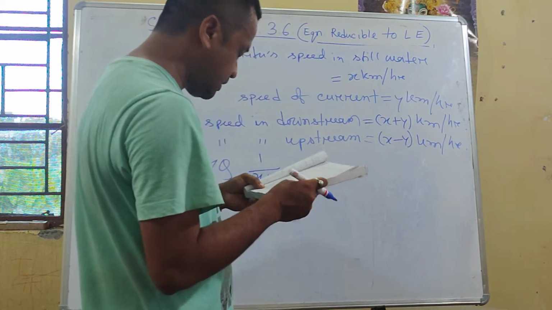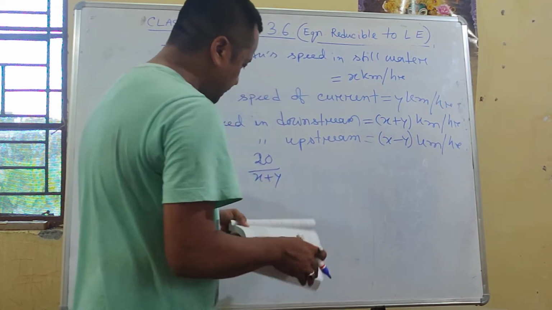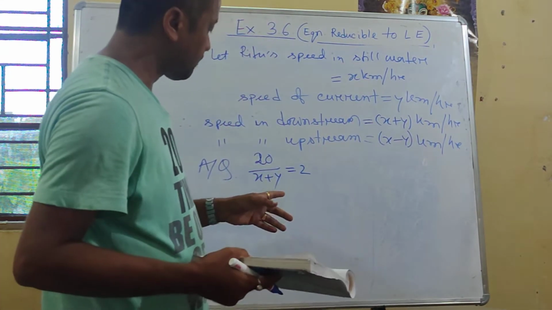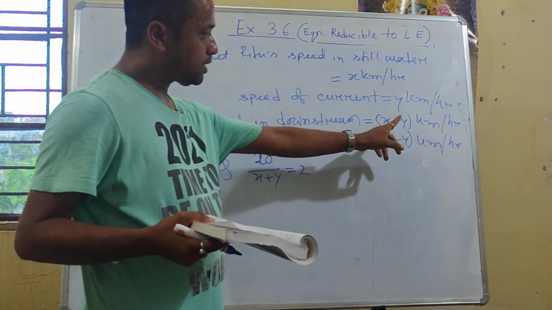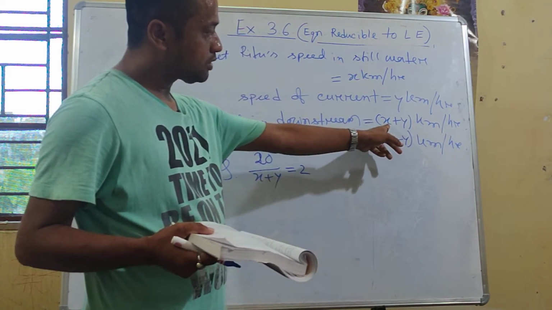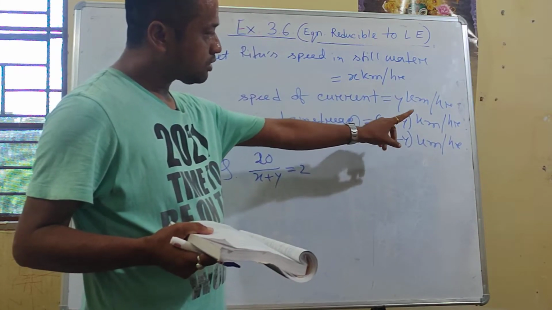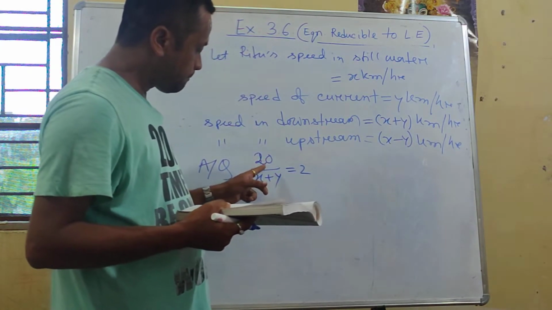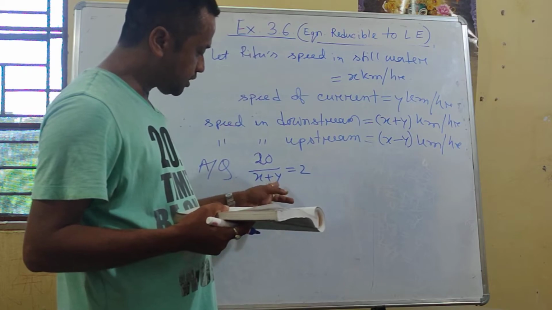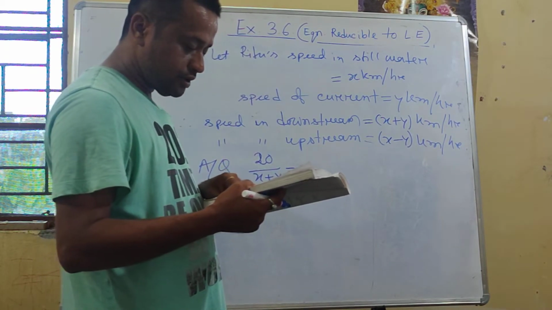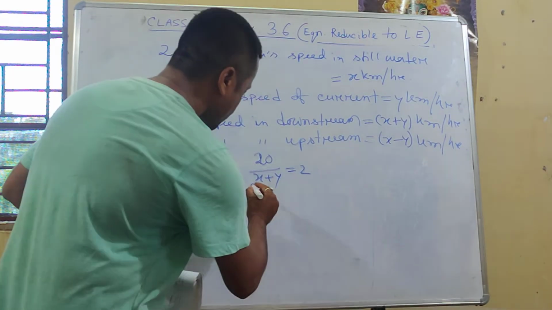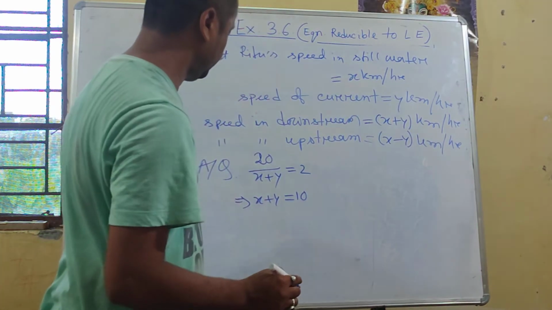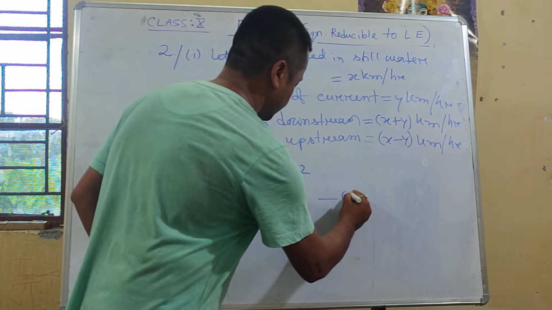So 20 kilometer will be covered in 20 by x plus y, and according to the question it is covered in 2 hours, so 20 by x plus y is equal to 2. So it will be x plus y is equal to 10. It is equation number 1.